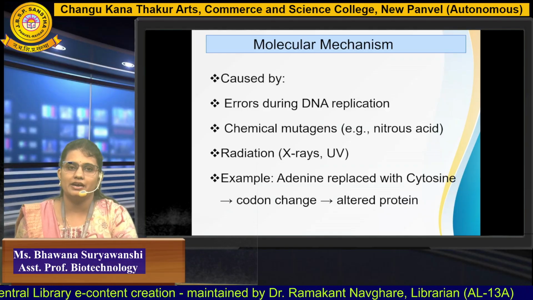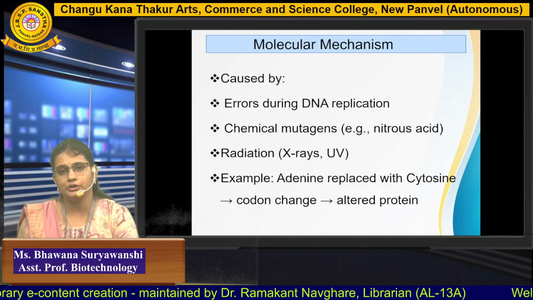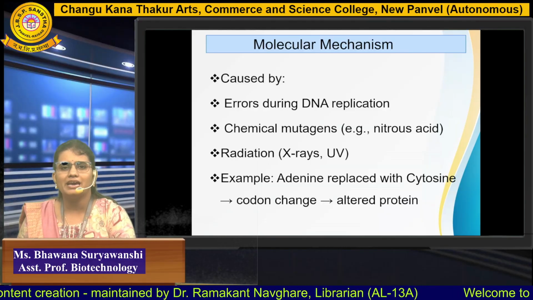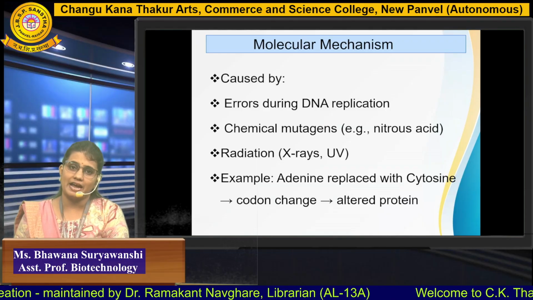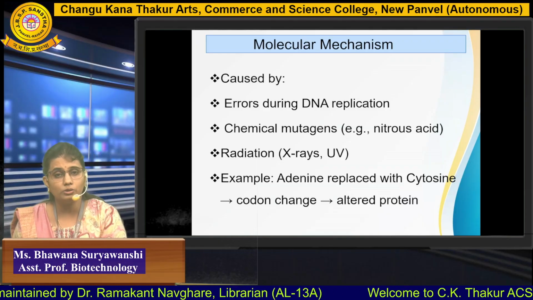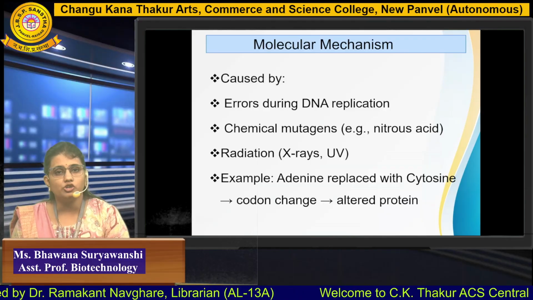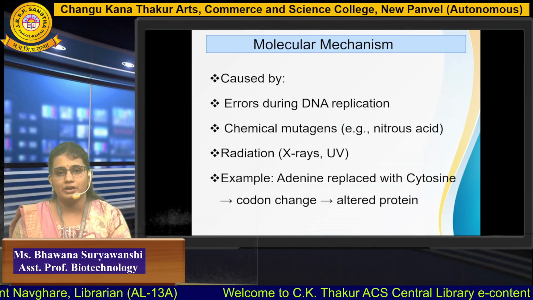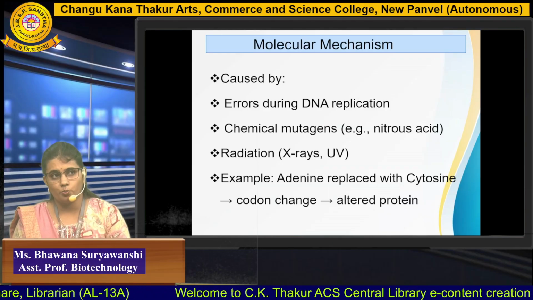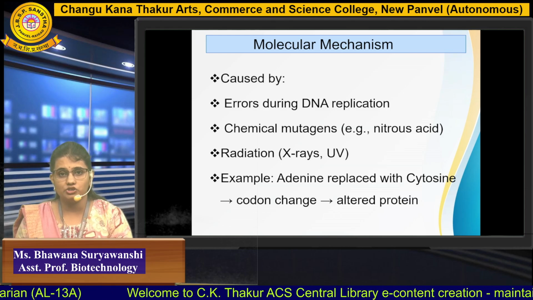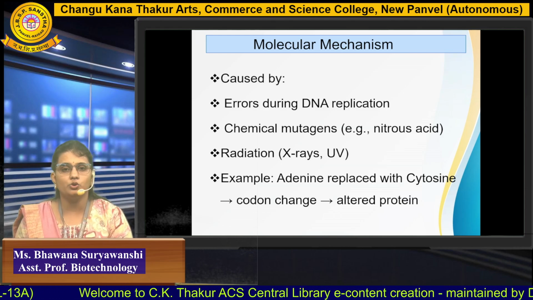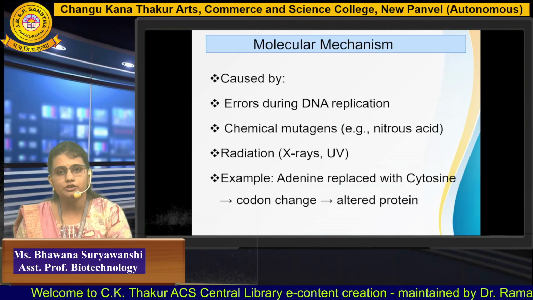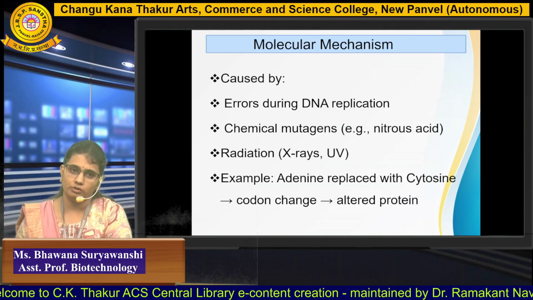So this comes under the errors occurring during DNA replication. Some chemical mutagens such as nitrous acid may also lead to base substitution mutation. Not only chemical, we also have physical mutagens, that is radiation. Which radiation can change it? Maybe X-rays, maybe UV rays. They can also lead to base substitution mutation.